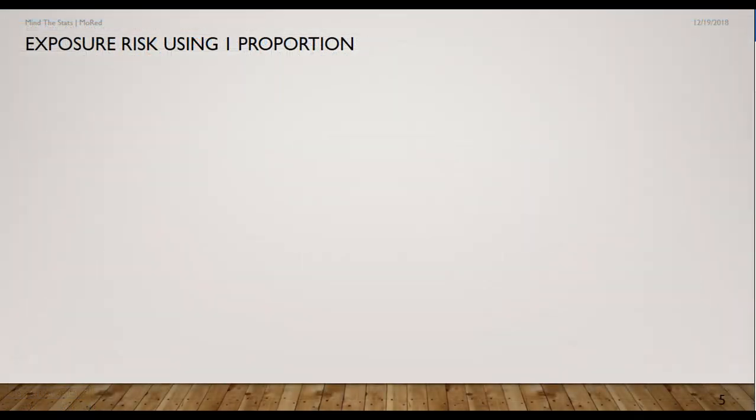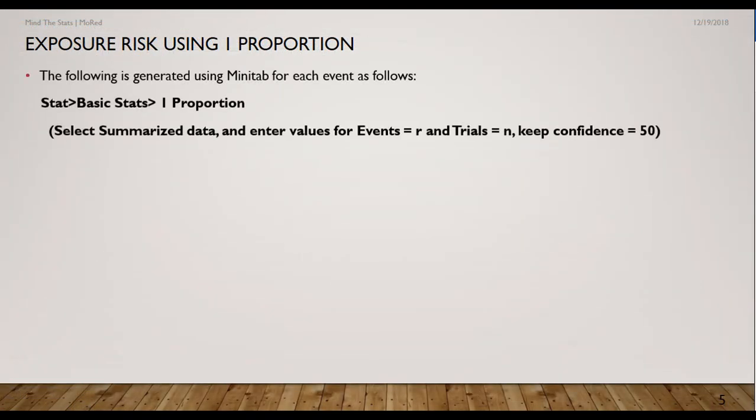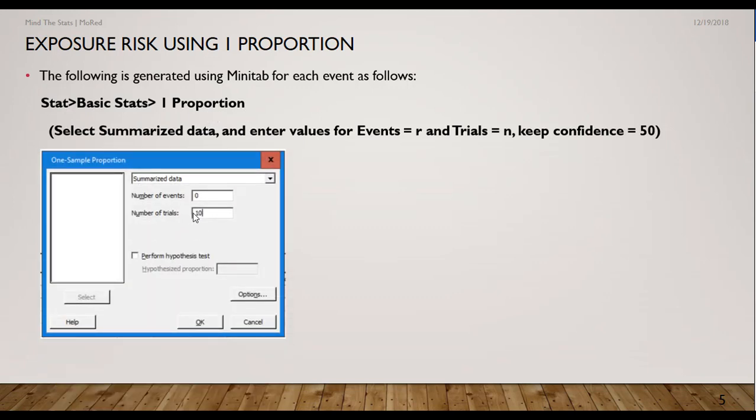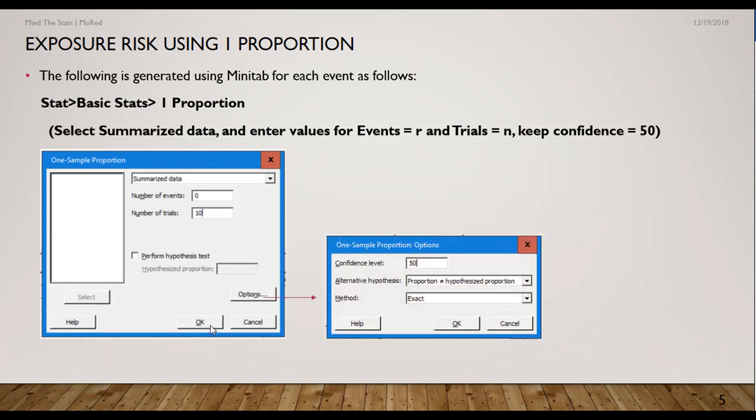So here's a summary slide of what we just did. In Minitab, we went to Stat, selected Basic Statistics, and selected One Proportion, and we entered number of events or rejects found, 0, and number of trials, 10. That's our sample size. We clicked on Options and selected 50% confidence level, and we clicked OK, and this is what we got.